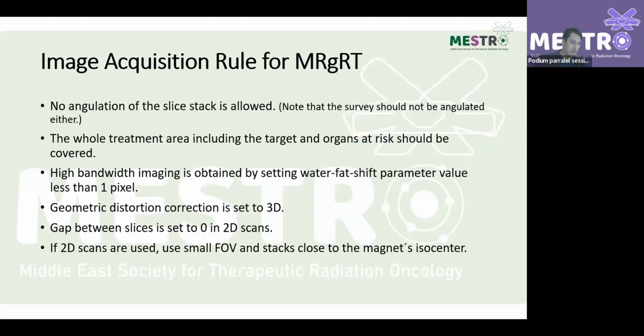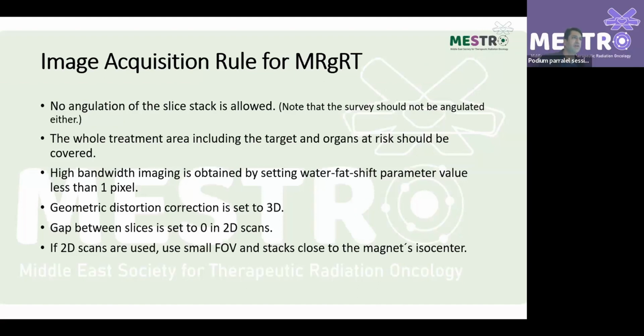Okay, and the whole treatment area should be covered, I mean, our field of view should cover the target and the normal organs. And to get better quality images, he used a water fat shift parameter value of less than 1 pixel.